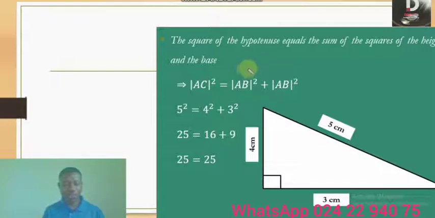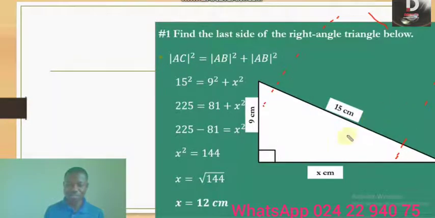The Pythagorean triple is saying that if you draw a square at the hypotenuse, which is the longest part, and you draw another square here, and another square here, then the square of the hypotenuse is h. This is a small letter a, and this is b for base.